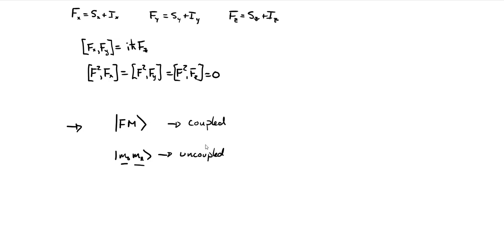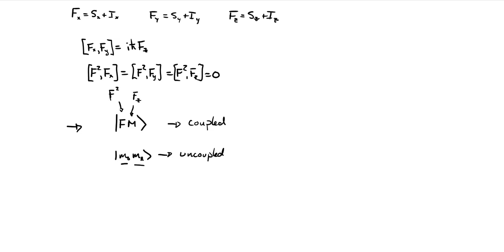These are essentially just the kets that correspond to the eigenvalues of these operators. M is going to result from the F sub Z operator, and F is going to be associated with, more accurately, the F squared operator.